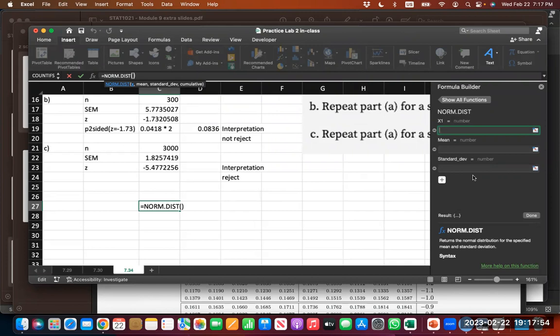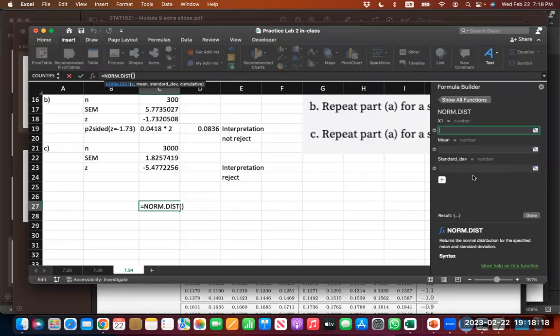If you enter norm.dist and you open the formula builder, which you do with the fx here on the left next to what you enter, you get three different fields: x1, mean, and standard deviation.